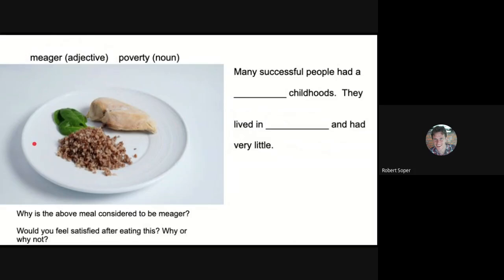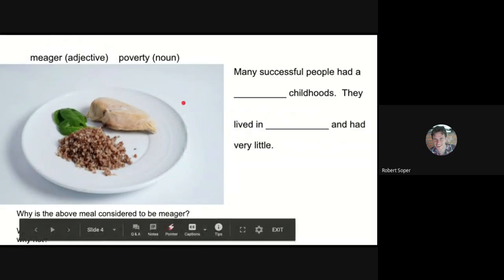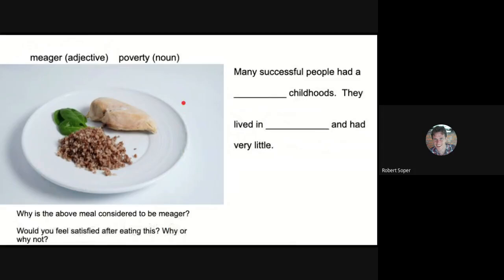Have a poor amount or a sparse amount. Think about whether you would feel satisfied by eating this. Probably not. There isn't a lot of food on this plate to satisfy our hunger on most occasions. So you can think of meager as a negative word.